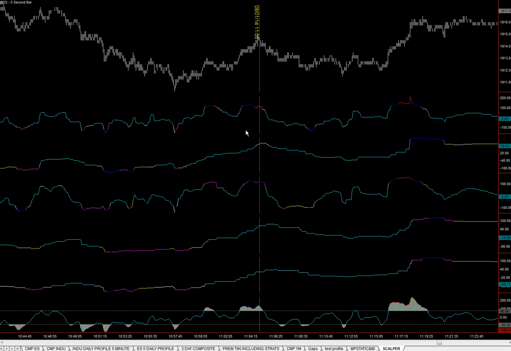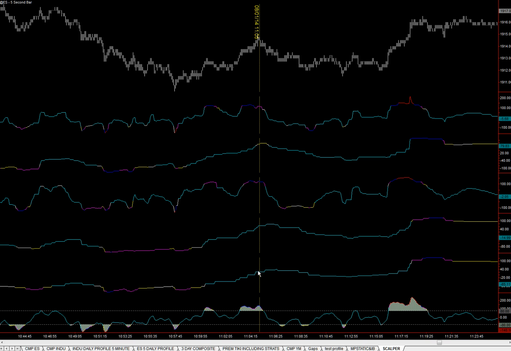But overall, the methodology that we use, we don't pay any attention to the trend here. We're going to trade in both directions. And we're trading based upon a 5-second chart with 6 different indicators on 6 separate settings, 3 of which are on different market symbols, the IND, the INX, and the YM.